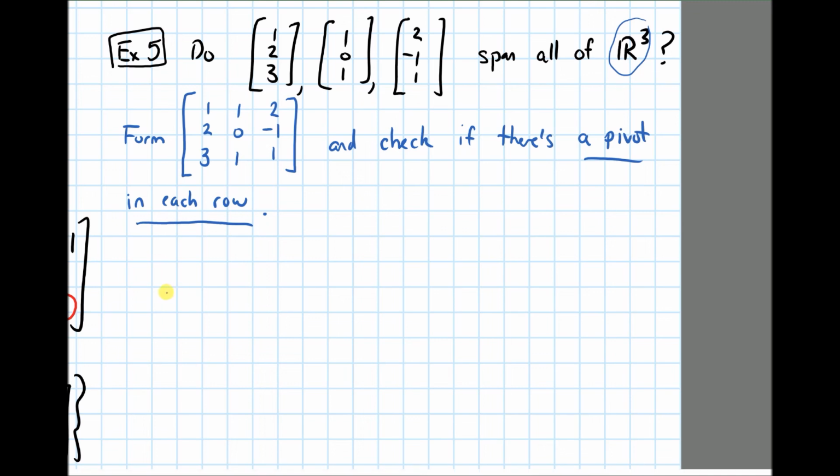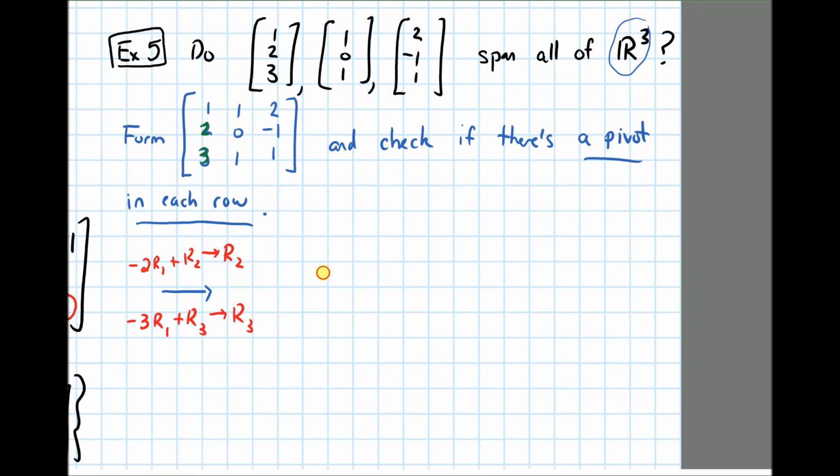Okay, so to do this, I have to row reduce. To row reduce, first I need to make this 2 become a 0 and this 3 become a 0. So I'm going to multiply the first row by -2 and add that to row 2 and insert that into row 2. Now let's multiply the first row by -3 and add that to the third row and insert that into the third row.